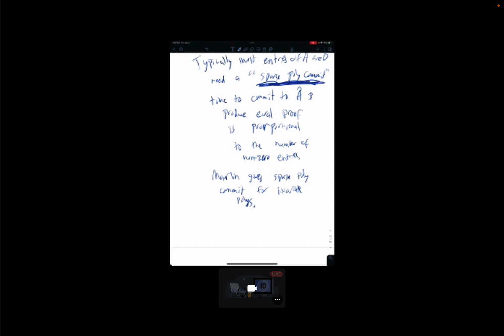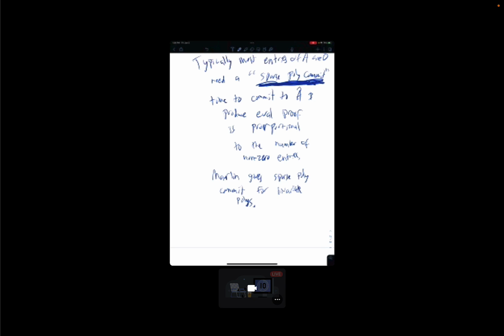I have some new work coming out that uses them to achieve something interesting. So I think there's actually a misperception that sparse polynomial commitment schemes are very expensive, and also that they have different amortization properties than standard polynomial commitment schemes, when in fact they have the same amortization properties, because the way sparse polynomial commitment schemes work is they take a standard polynomial commitment scheme and apply it.